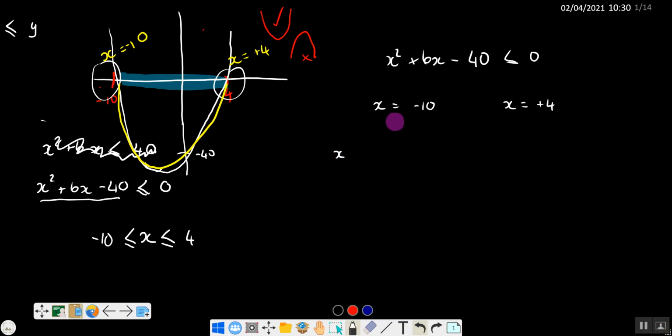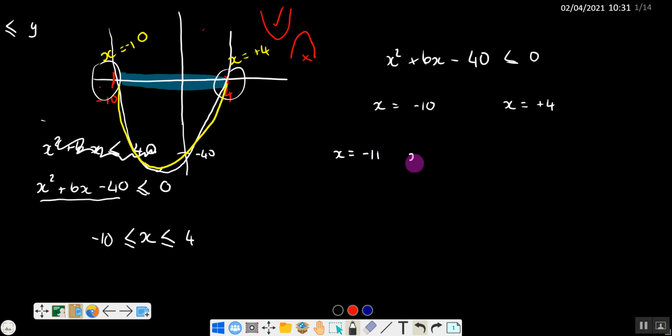So I'm going to pick a value that is less than negative 10 and more than negative 10. So this is always risky, but Raya, pick me a value that is less than negative 10. Good. Negative 11 will do me.